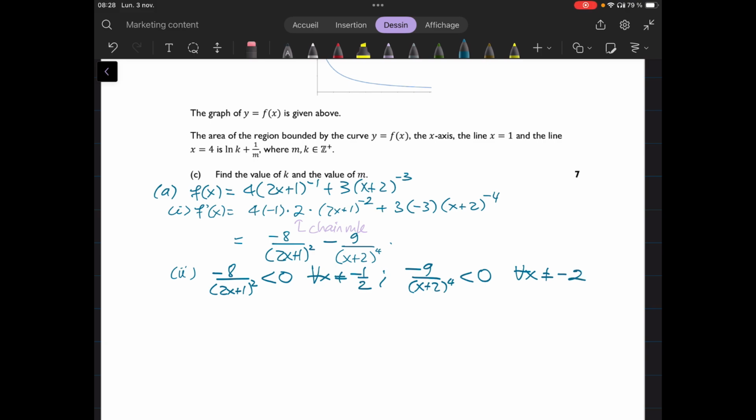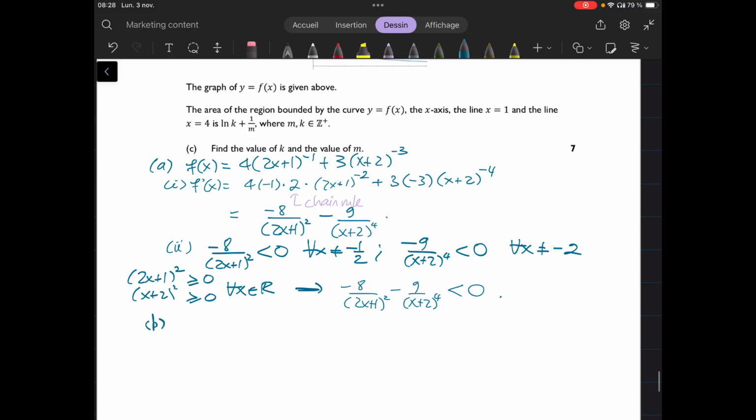Why? Because (2x plus 1) squared and (x plus 2) squared is always greater or equal to 0 for all real x. Therefore, when adding them together, it's also going to be strictly less than 0.